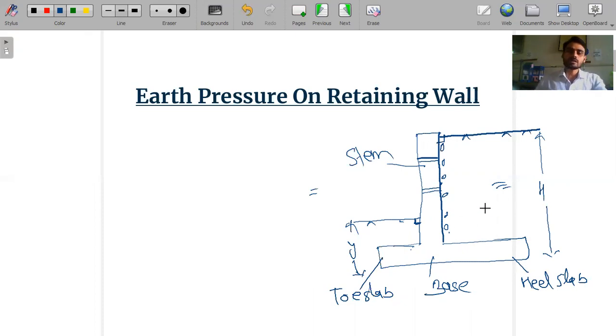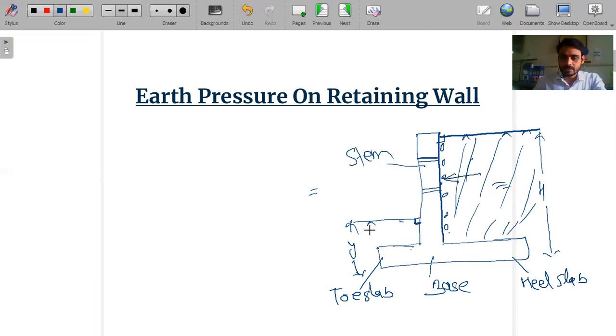Okay. So here we will consider what type of pressure by the earth will act on that particular retaining wall. If we have filled soil on the back side of that retaining wall, that soil will exert a pressure on the stem in the horizontal direction, right?